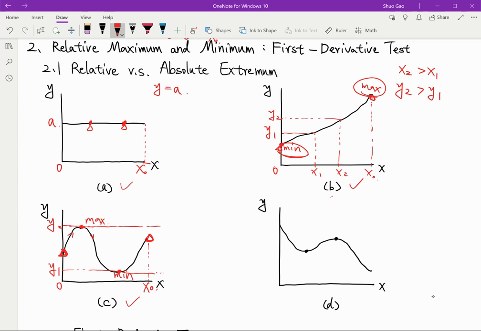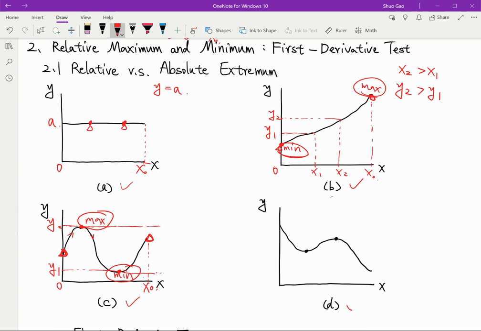So the maximum and minimum values become somewhere in between 0 and x0. It's not the endpoints anymore. So this is the third graph, and this is also called absolute maximum and absolute minimum, in this graph.